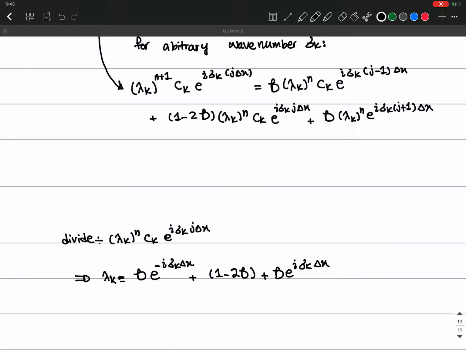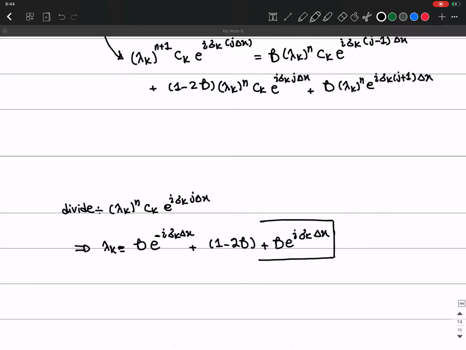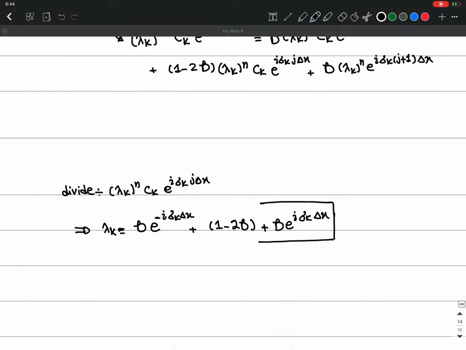Okay, so this is what we get when we divide that equation by lambda_k to the power n c_k e^(i sigma_k j delta x).